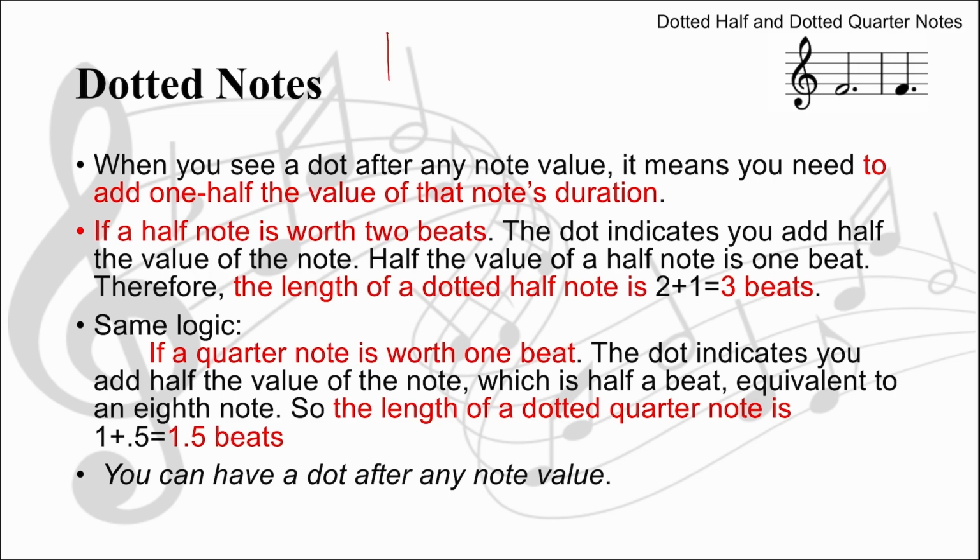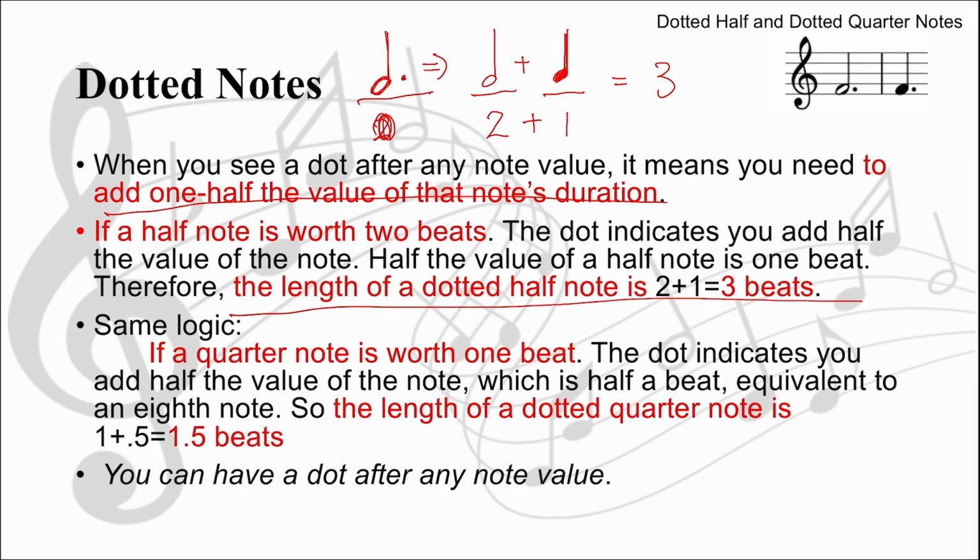For example, if we have a half note here, with a dot it will be a half plus a quarter. This duration is 2 beats, and this one is 1 beat, so it equals 3 beats, as here.